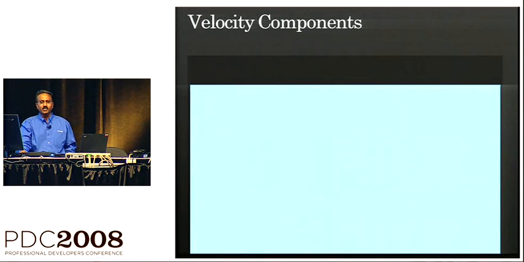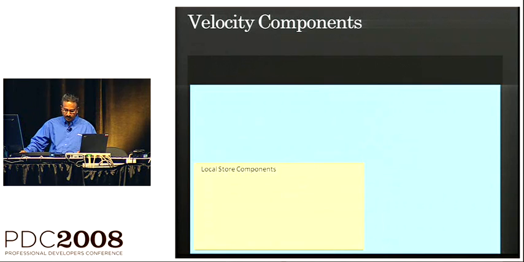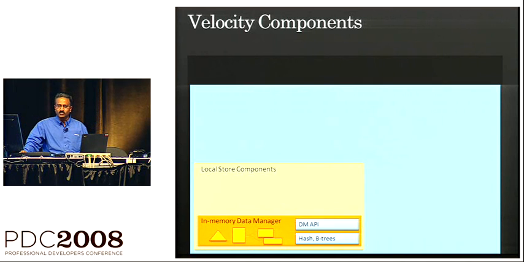So let's look at the components. It's probably a very cluttered slide, but let's look at some of the components. I will start with local components and distributed components. So the local components, one of the key things is the data manager. The data manager does all the memory-based local data management.